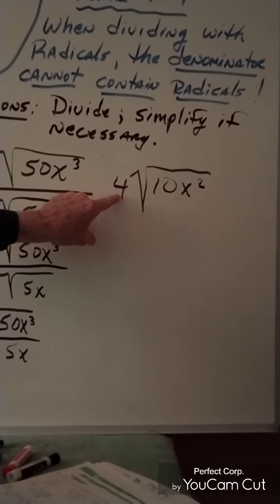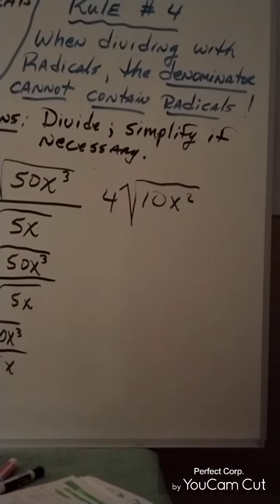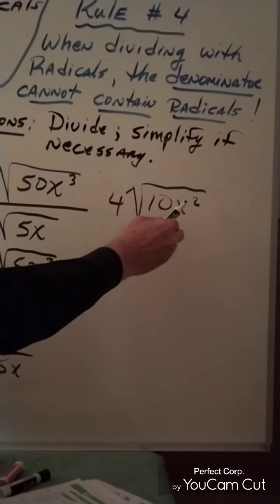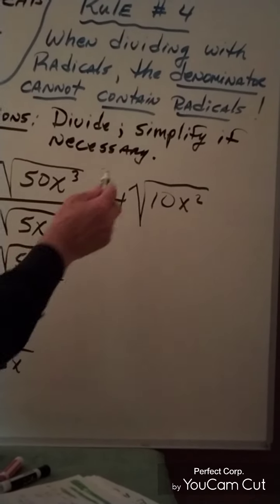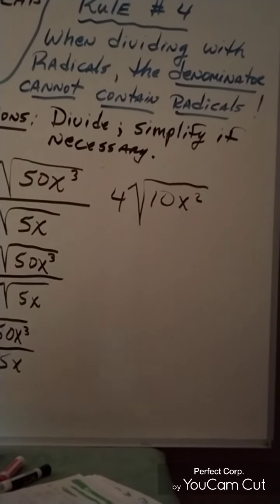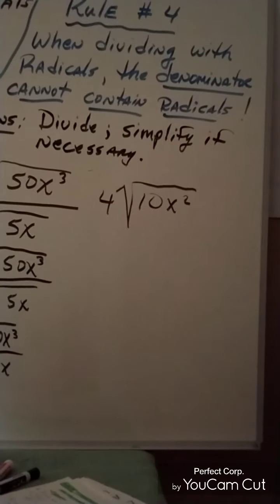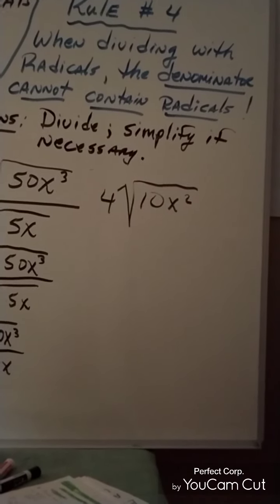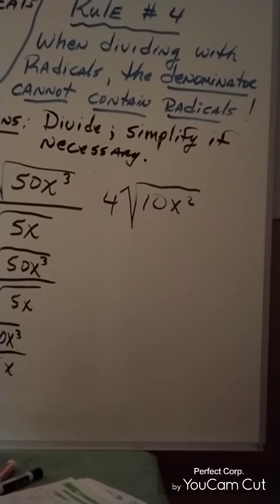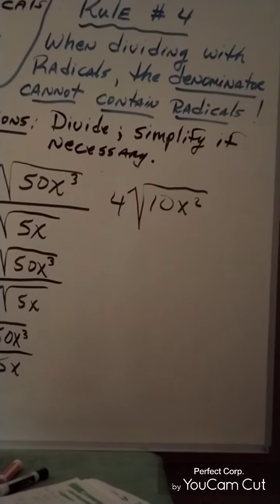Now we're down to 4 times the radical of 10x squared. The x squared is a perfect square. Our index is 2. Nothing can be done with 10. Just pausing there for a second. If you prime factored 10, you'd have 2 times 5. You don't have 2 of a kind.